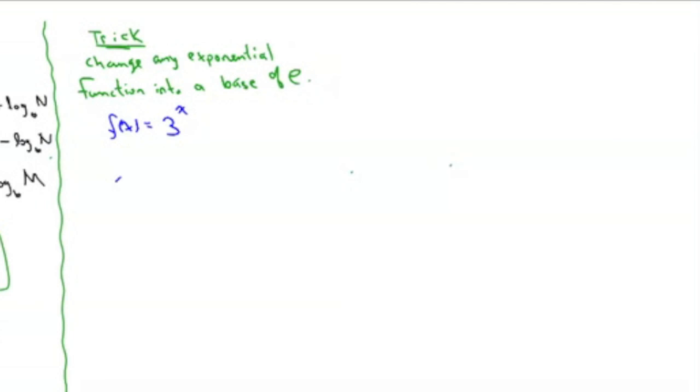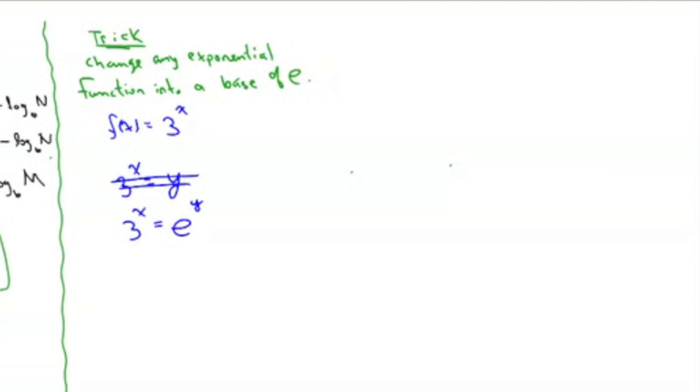The first thing you do is you write 3 to the x is equal to e to the y. And what we're trying to do is solve for y. Because if we can find that power of y where this equation balances, then we have converted 3 to the x to a base e function.